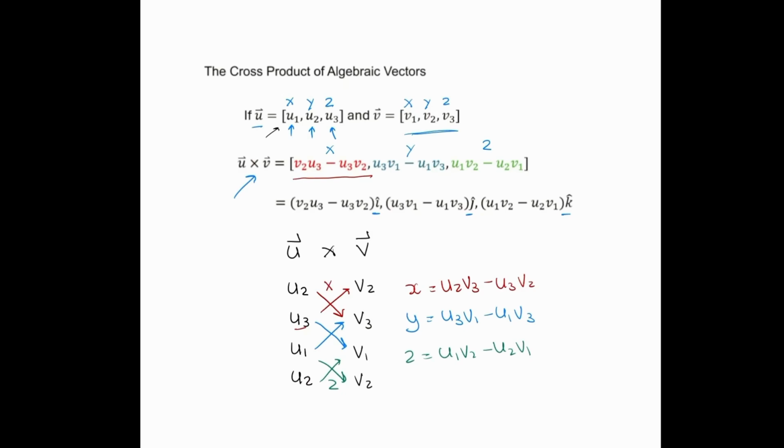So again, there's my x value, u2 times v3 minus u3 times v2. My y value, u3 times v1 minus u1 times v3. And my z value, u1 times v2 minus u2 times v1.